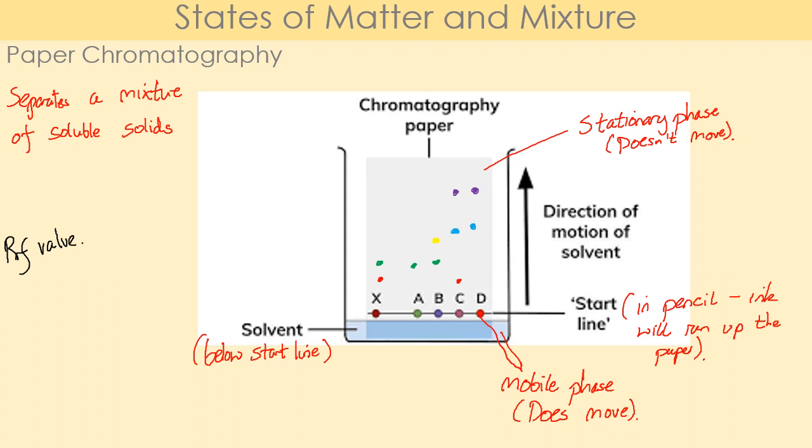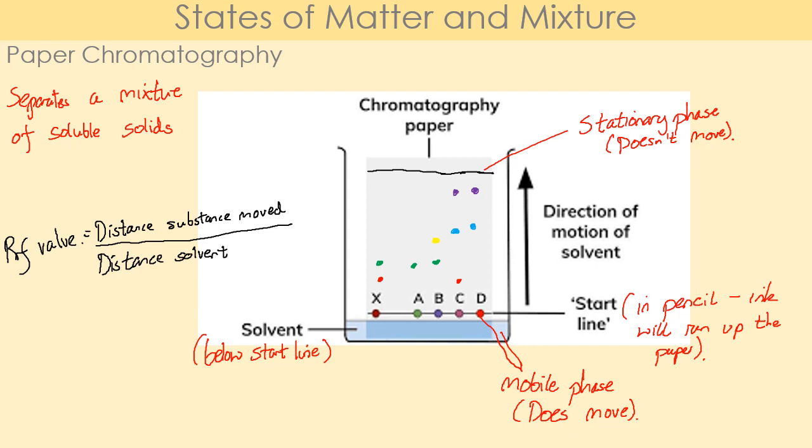Another thing they might have you do is work out something called the RF value. The RF value is how far the substance moved up divided by the distance the solvent front moved.